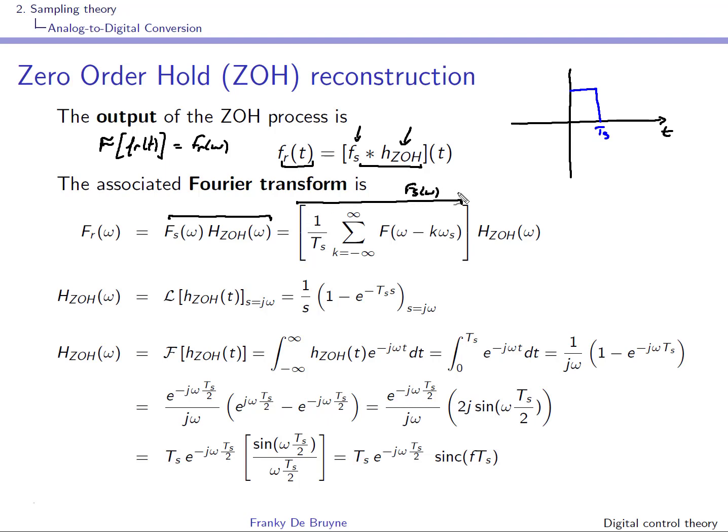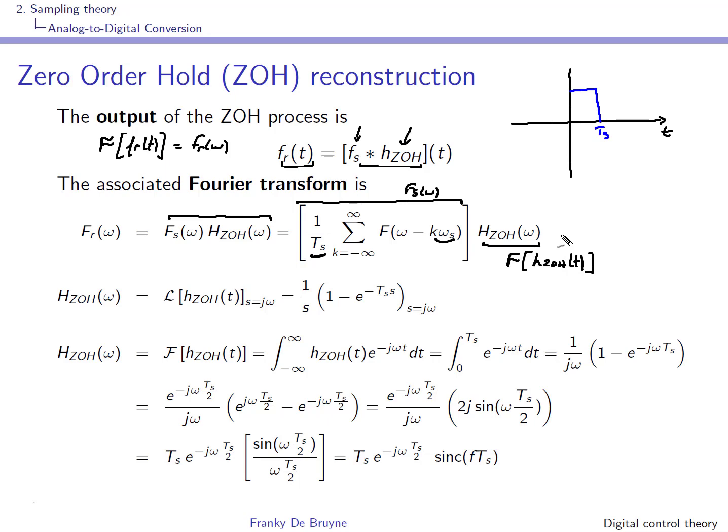Remember that Fs of omega is a sum of scaled versions of the original Fourier transform that are shifted by k omega s, and omega s is the sampling frequency. And then you have to multiply by the Fourier transform of this impulse response signal.